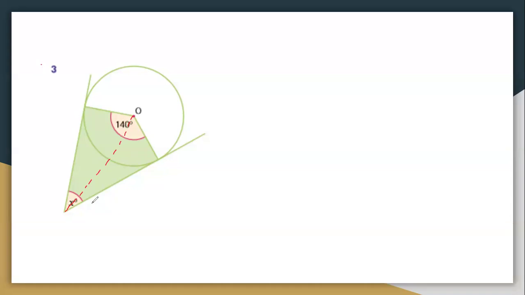Then I also have my tangent, which is meeting my circle at the other end. If you could help me and name those ends A, B, C.